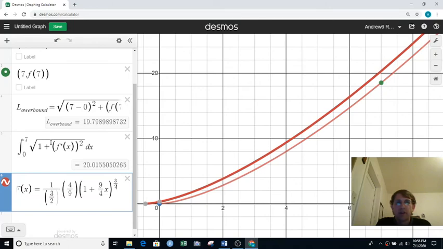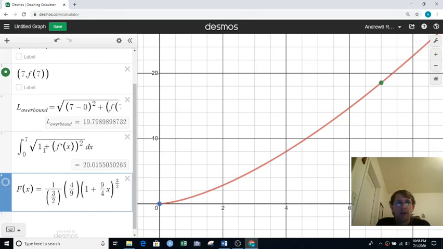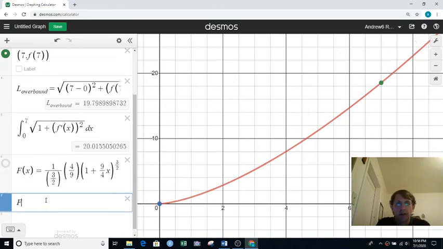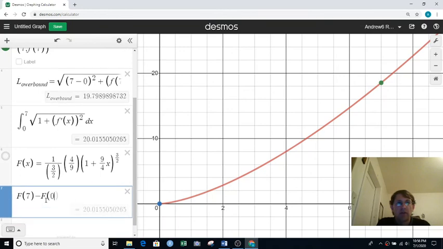I'm trying to think of it just in terms of actual curve length. So I'm going to turn that graph off. And now if I say big F of 7 minus big F of 0, then we get the same answer that Desmos gets when it does little tiny difference quotients for the derivatives, squares them, adds in 1, takes the square root, and integrates using a Riemann sum numerical integration approach. And we get the same answer down to a very good number of digits.